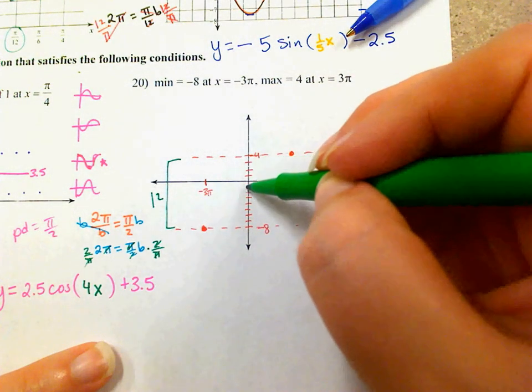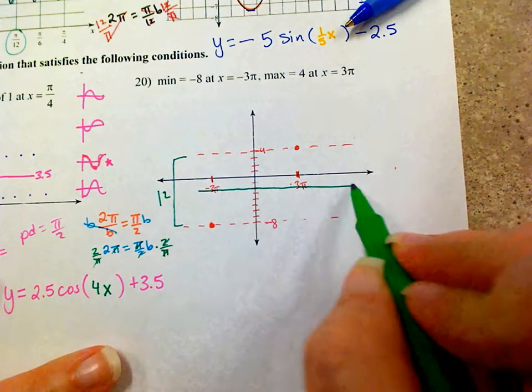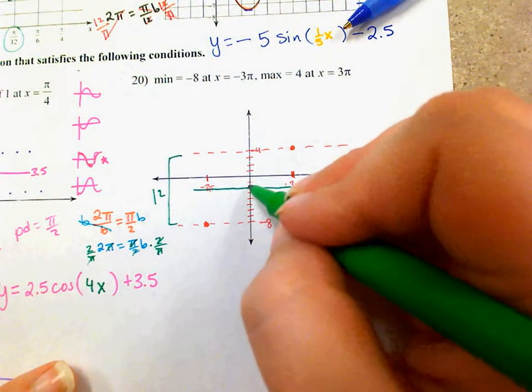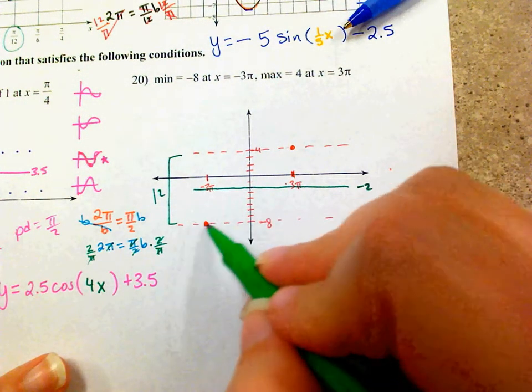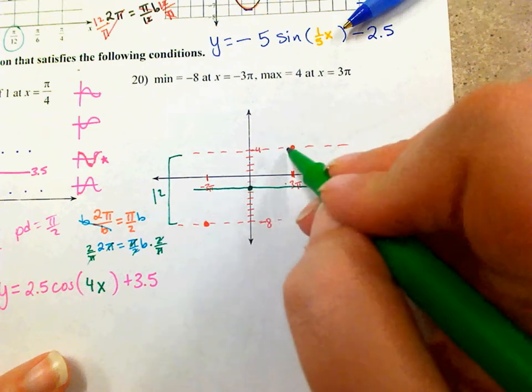To graph between these, I go from minimum to maximum, which means I would cross right here because they're symmetrical on both sides. So I've got my max here, and my min there.